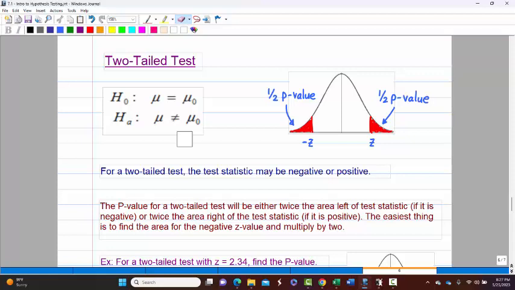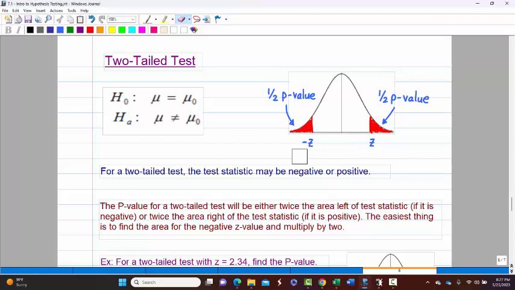The test statistic might be either negative or positive, so you have half the p-value at each end, and the two combined make the entire p-value.